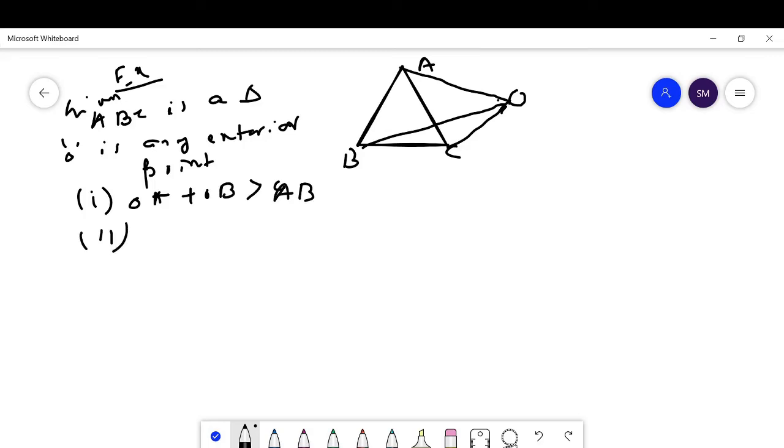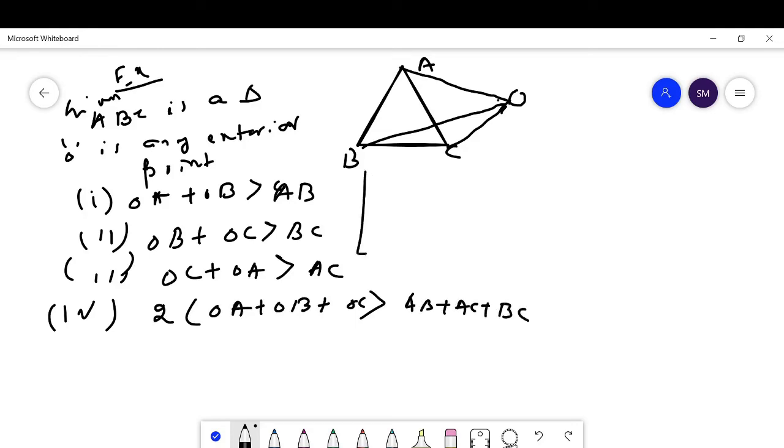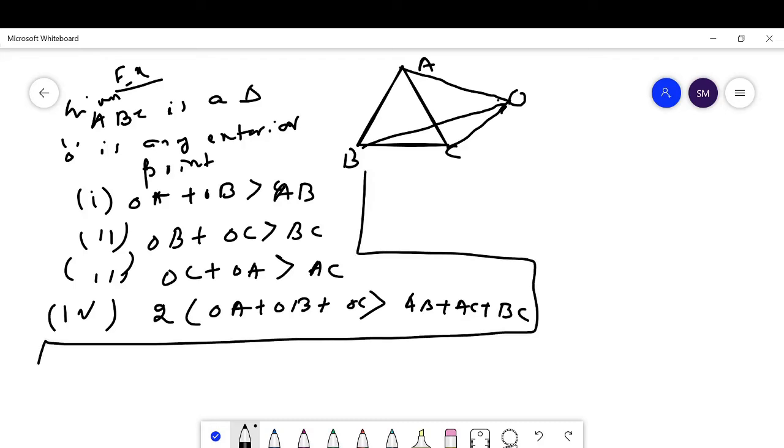Second condition, OB plus OC is greater than BC. Third condition, we have to prove that OC plus OA is greater than AC. Then the fourth and final condition, we have to prove that 2 into OA plus OB plus OC is greater than AB plus AC plus BC. Okay. Then I share the board to prove this.